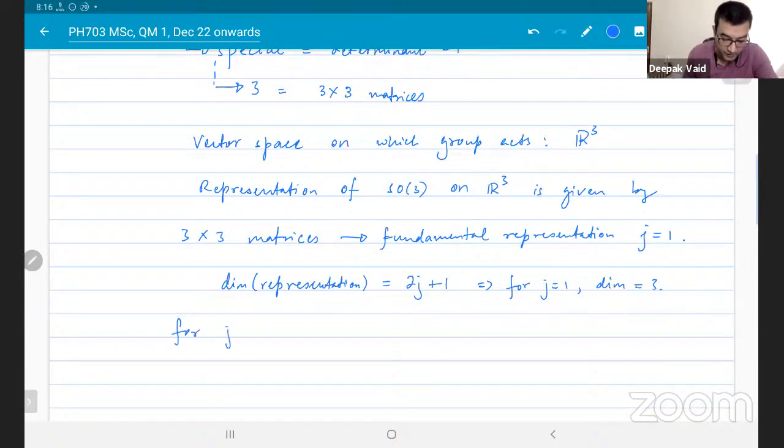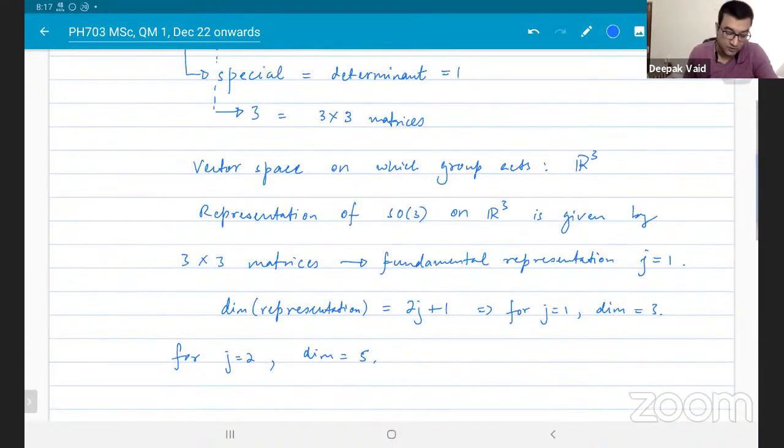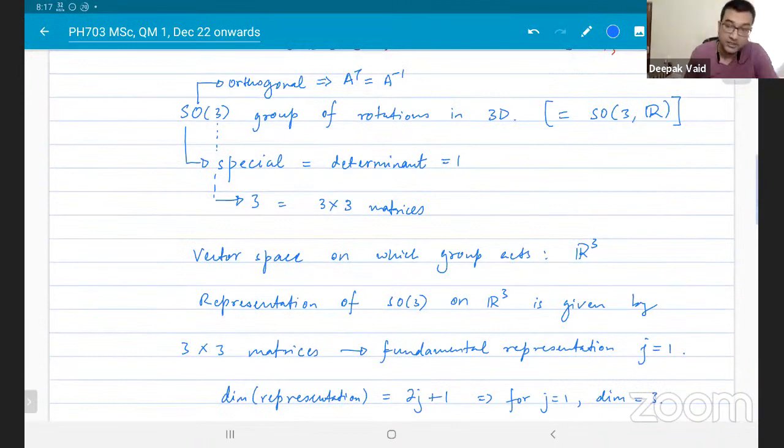But for J equal to 2, your dimension will be 5. So with the J equal to 2 representation, you will be working with 5 by 5 matrices. Okay. So we say that it is SO3, but the 3 refers to the fundamental representation.